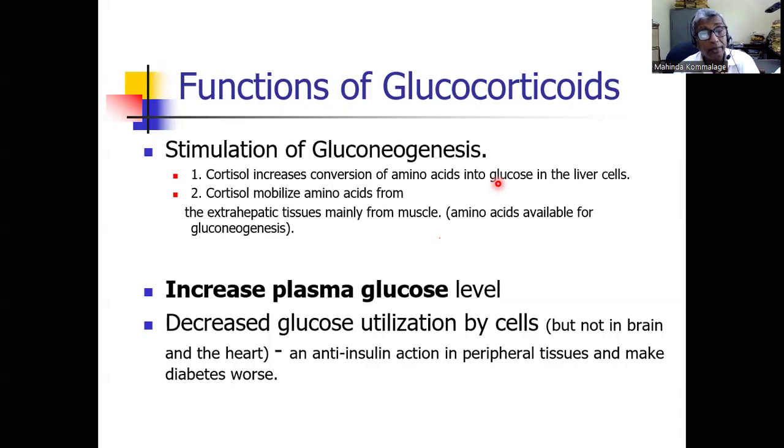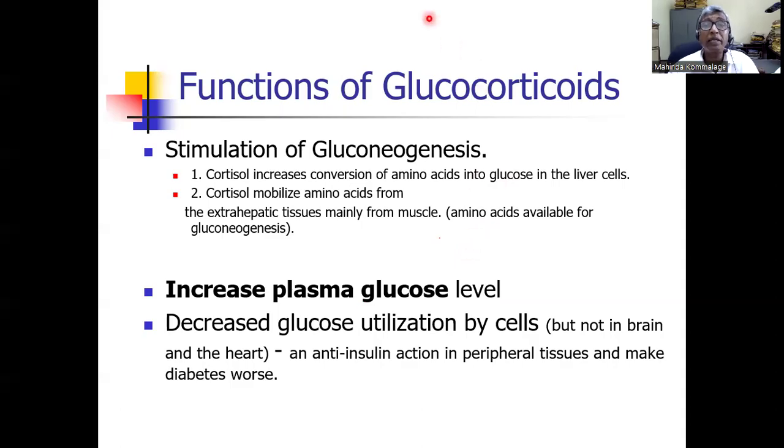I already explained, so glucocorticoid, we can say cortisol, is important for glucose and protein metabolism. It tries to increase glucose level and to break down proteins.